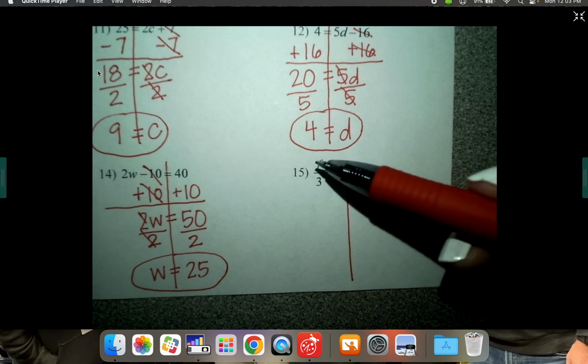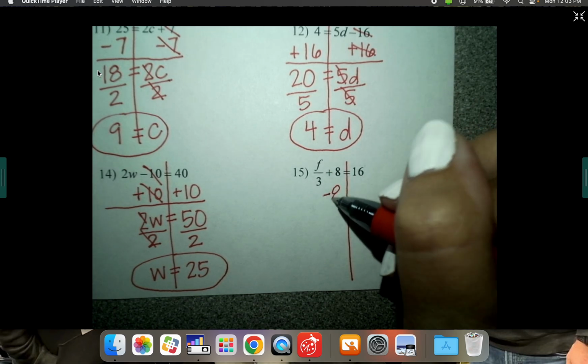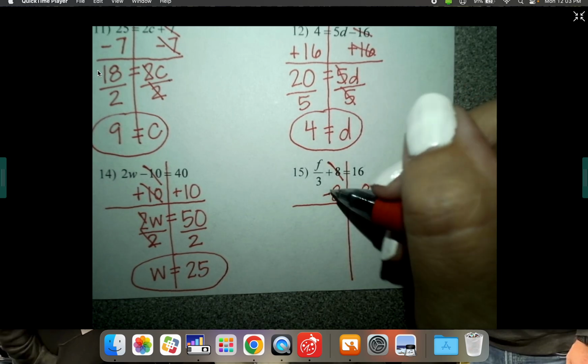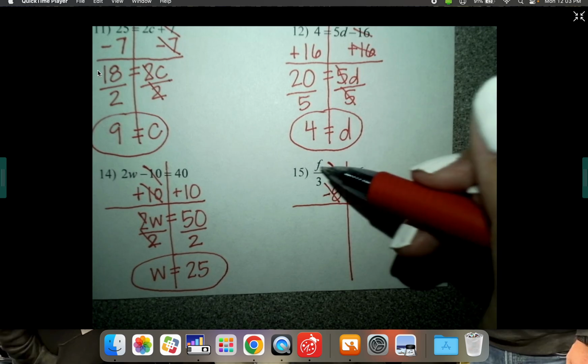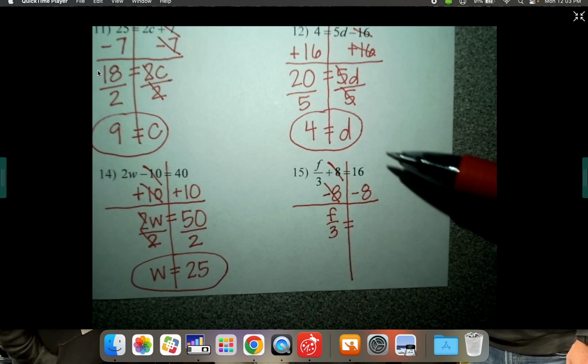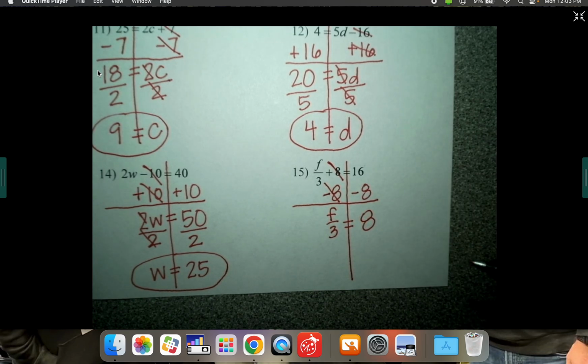Last one, keep F with 3. Get rid of the plus 8 by, we're going to do minus 8 on both sides. We're going to cancel, cancel, and we're going to bring down the F over 3. On the right, 16 minus 8 is 8. Ask yourself what's happening to F. F is being divided by 3.